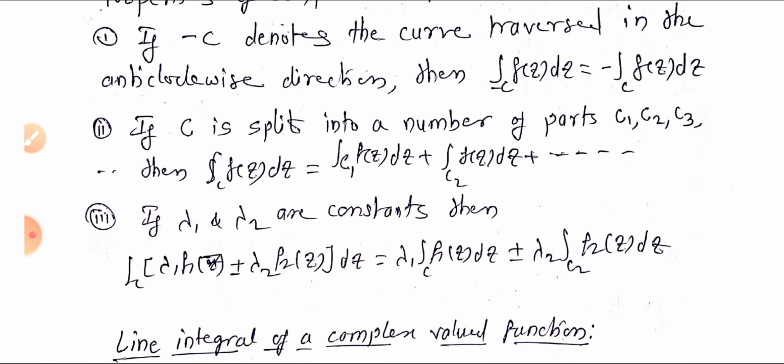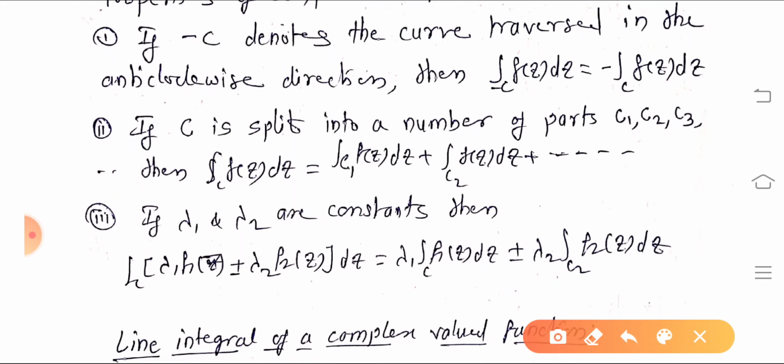That is nothing but a property of the definite integral we have studied, integral a to b of f(x) dx. We write this as integral a to c of f(x) dx plus integral c to b of f(x) dx, where c lies between a and b. That formula we apply here.